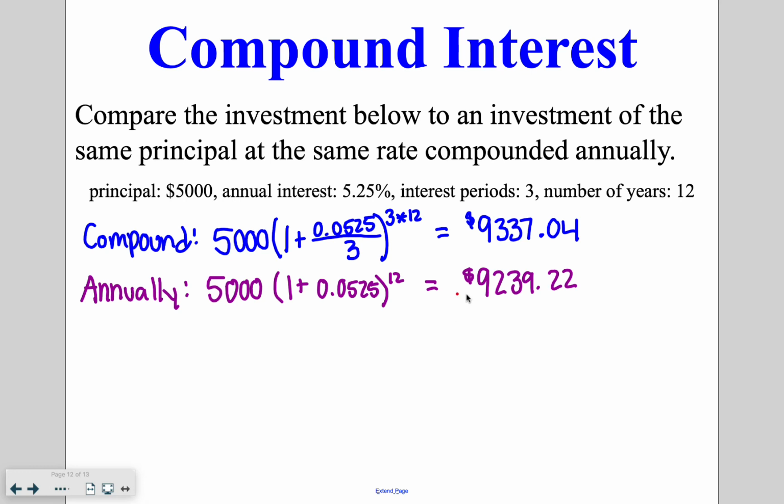The last part it asks us to do is to compare. So in order to do that, I am going to subtract these two values, and I end up with $97.82.